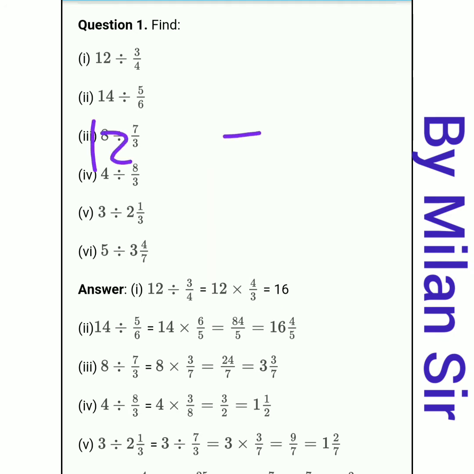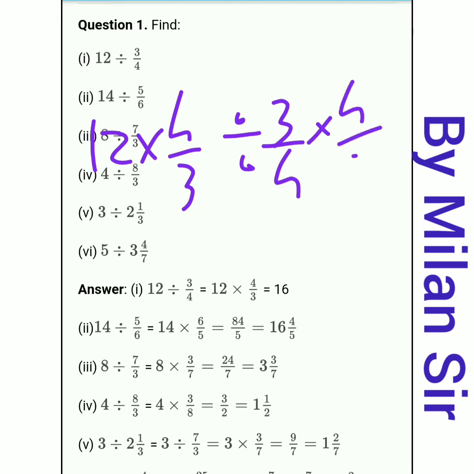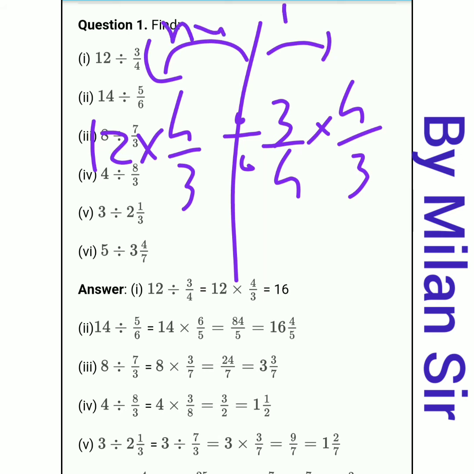Here we have 12 divided by 3 by 4. Now multiply 4 by 3 here in numerator and denominator, right? This part is our numerator and this part is our denominator, right? So with same number you can do the multiplication, then your question remains same, right?